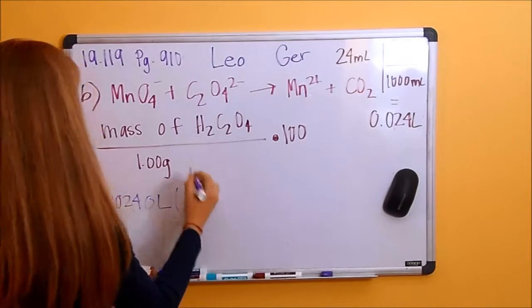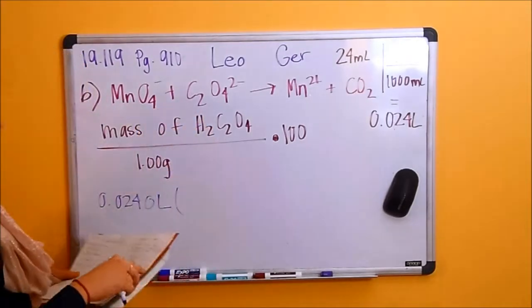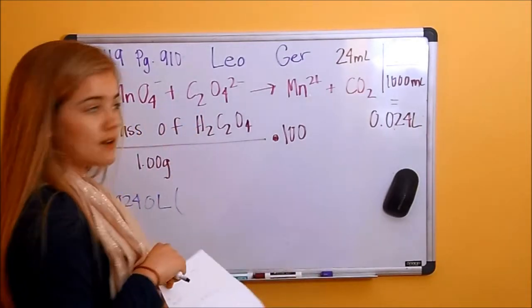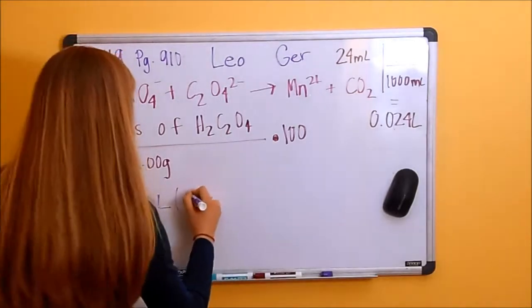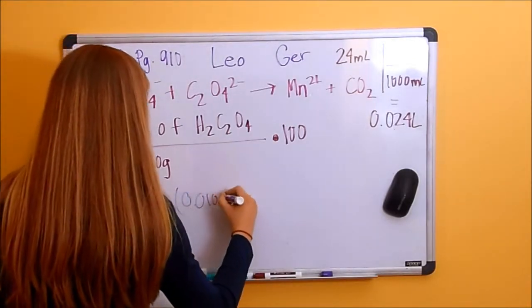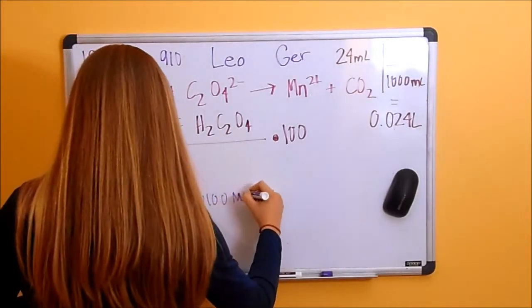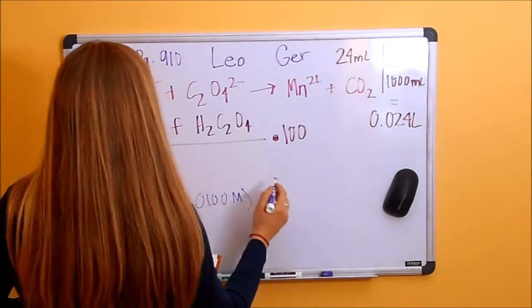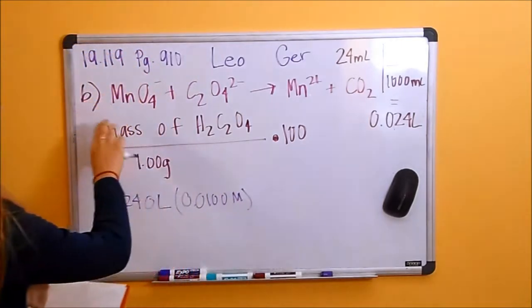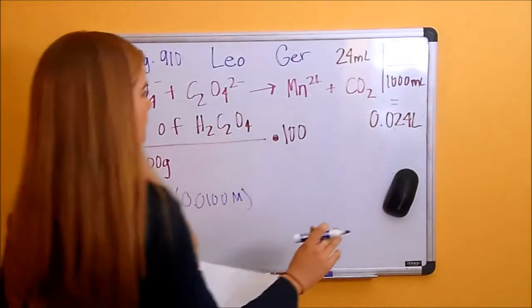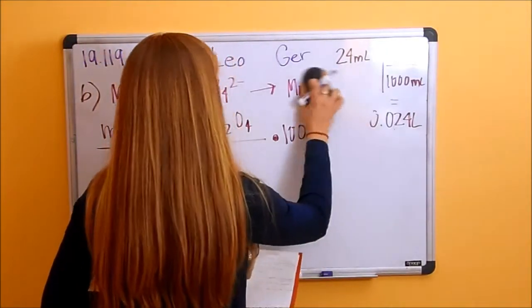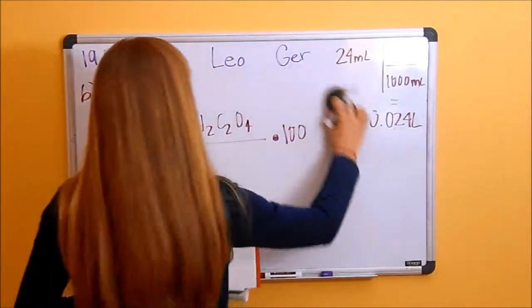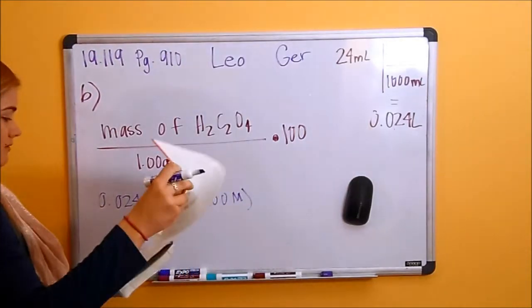And we're going to times that by the molarity, which was, in the problem, 0.0100 molar. And then we're going to times it in our finished equation, which I'm going to go ahead and write up here. We balanced everything out.